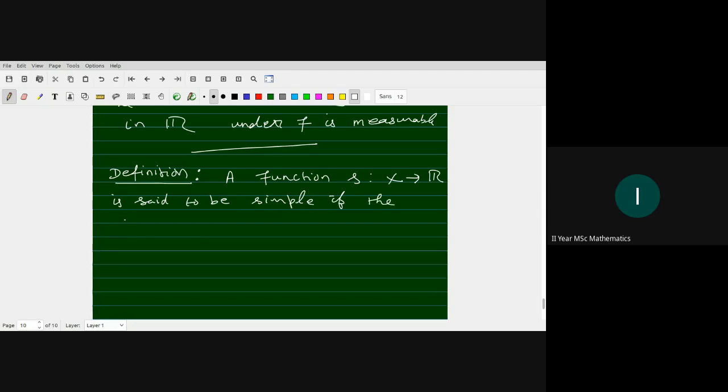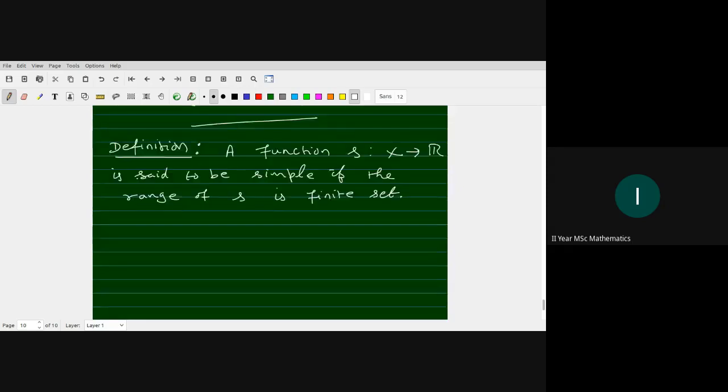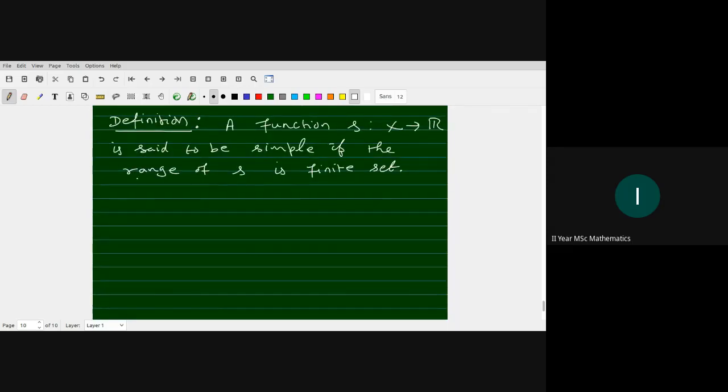The range of s is a finite set. What's the meaning of range? Collection of values of s, right? Then you can partition X based on the range.